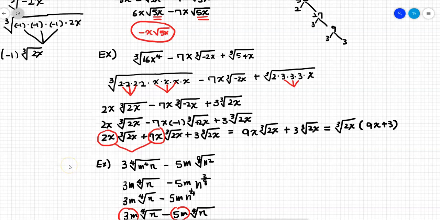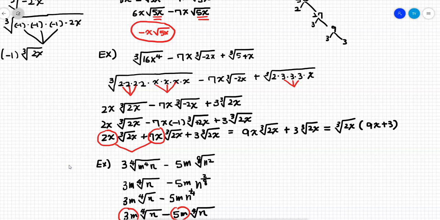So 16 is 2 times 2 times 2 times 2, and we have 4 x's here. On the last term, we got 3 times 3 times 3. So these three 2's come out as one 2, and the x's come out as 1x, and these three 3's come out as one 3.